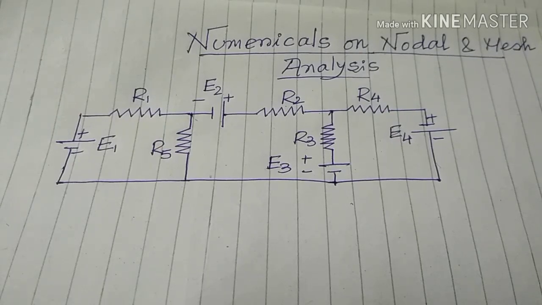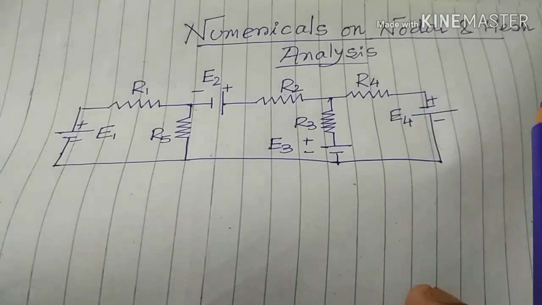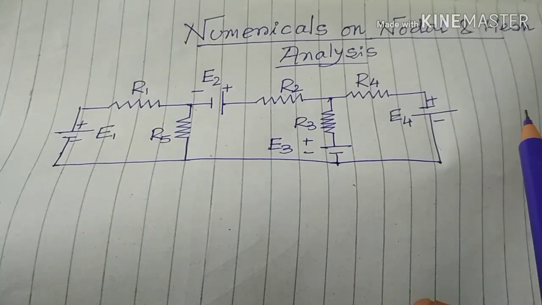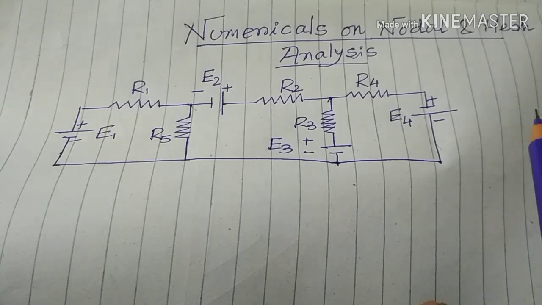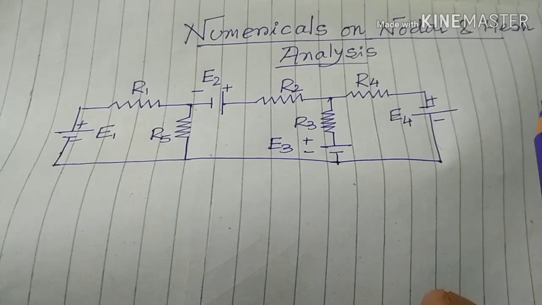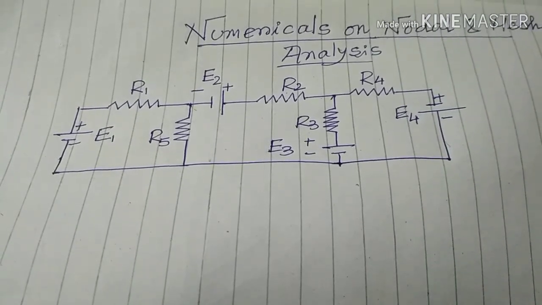We mainly come to know that nodal analysis is nothing but the use of Kirchhoff's current law, and mesh analysis is nothing but the use of Kirchhoff's voltage law. So what is a node? A node is a point in an electrical circuit where a minimum of 3 or more circuit elements are connected.